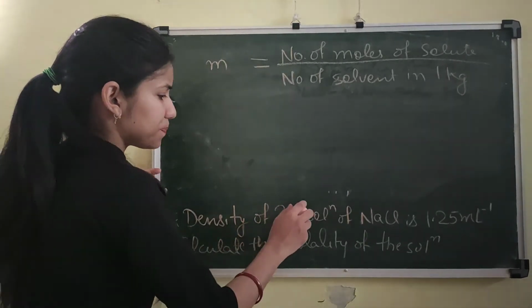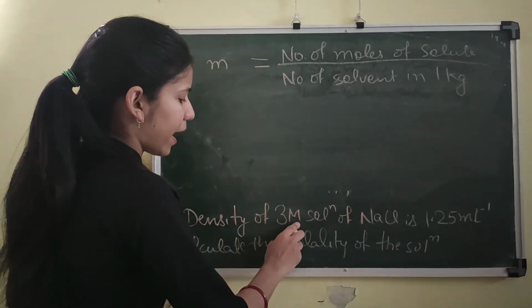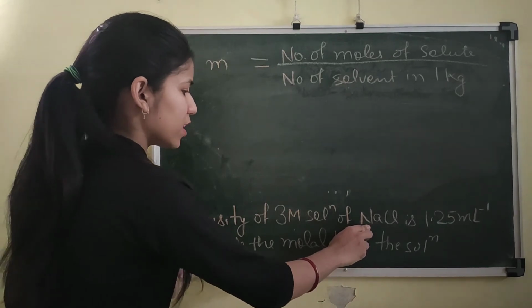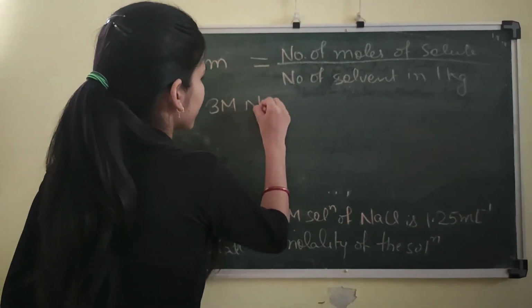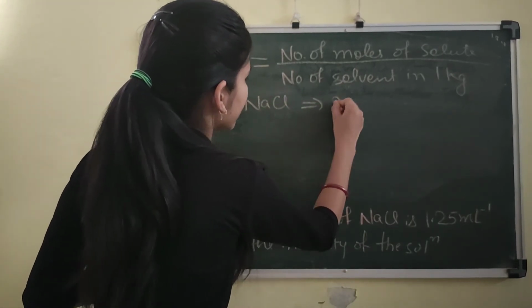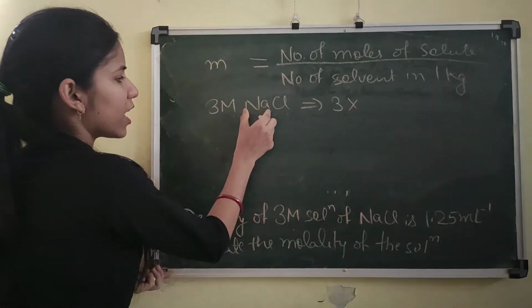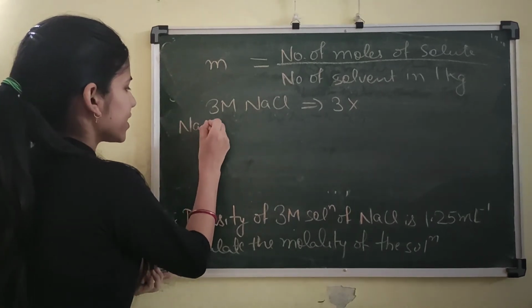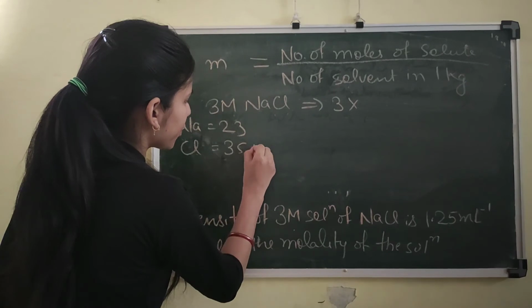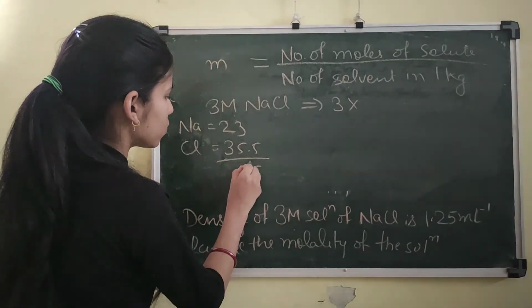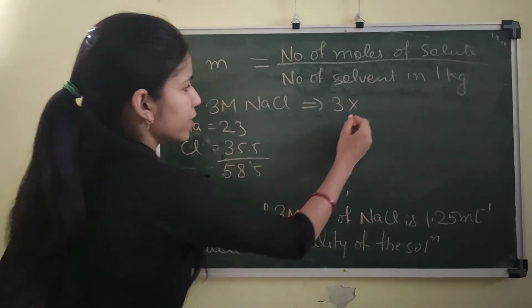So from this, there is a 3 m solution of NaCl. So the mass of solute in 3 m NaCl is given by 3 into, and the atomic mass of Na is 23 and Cl is 35.5. So it will be equal to 58.5.